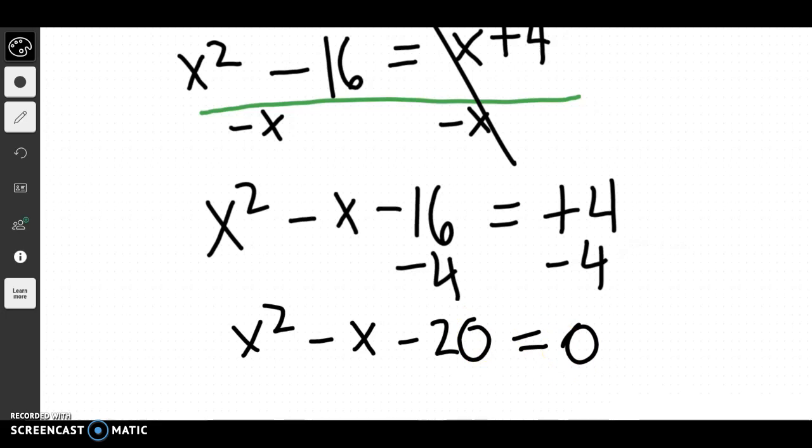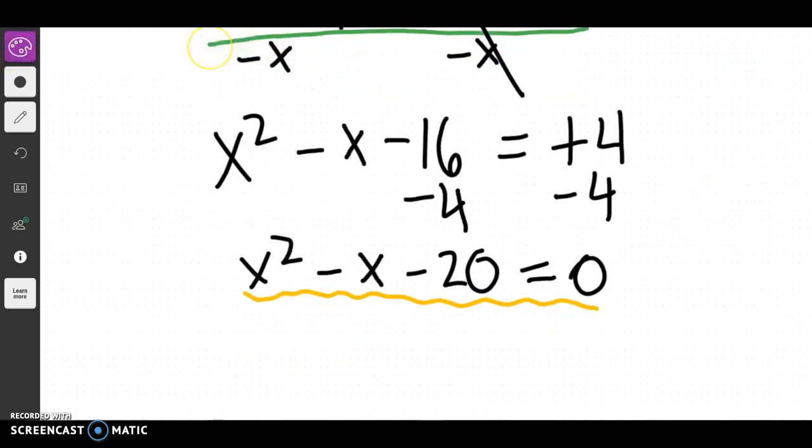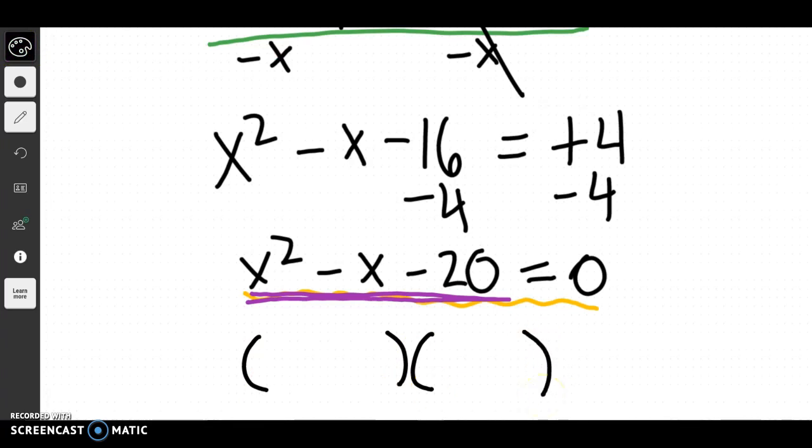Now at this stage what you have is a quadratic, because of the squared term, equal to 0, which means we can solve this thing by factoring. If you remember factoring before, you should know that any trinomial can be written as two binomials, just like this. And then you should think, what multiplies together to give you x squared? Well, x times x.